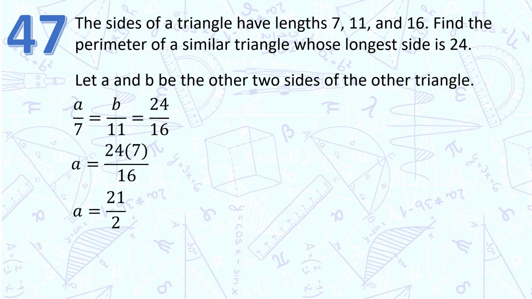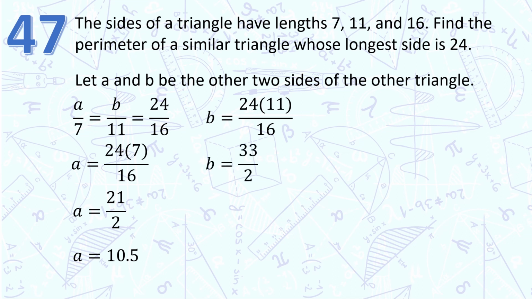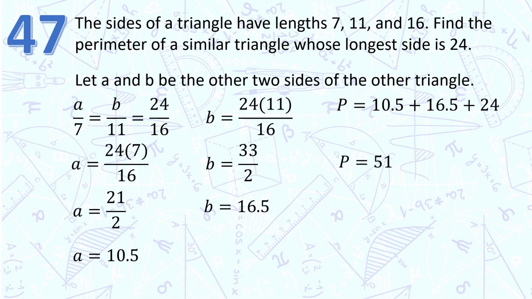A is 10.5. Solving for B, that is 24 times 11 over 16. That is 16.5. Therefore, the perimeter of the larger triangle is 10.5 plus 16.5 plus 24, which is 51 units.